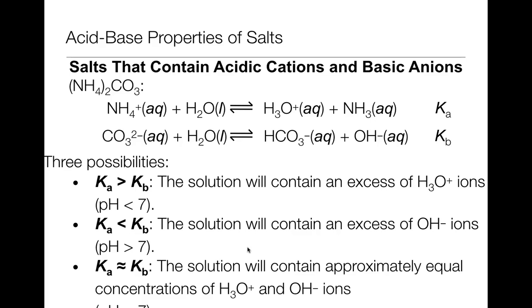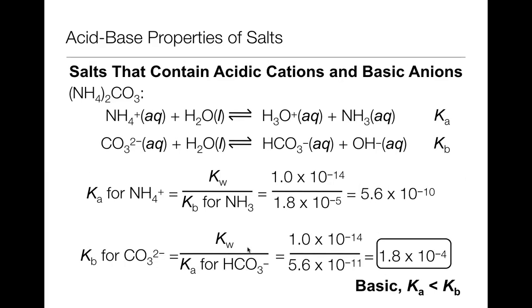Because the Ka dominates, we push more towards having hydronium, and the pH drops below 7. If Ka is less than Kb, say the Kb of carbonate was bigger than the Ka of ammonium, then we're going to have an excess of hydroxide, so we end up with a pH greater than 7. When they're approximately equal, it basically doesn't affect the pH at all, and you get a pH of approximately 7. So actually, let's look directly at this ammonium carbonate.